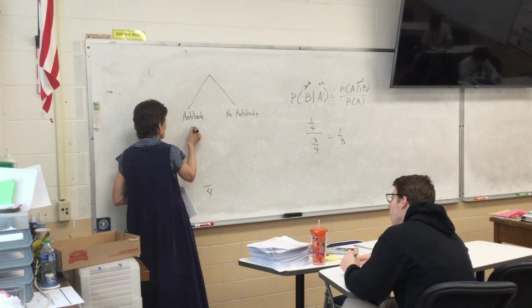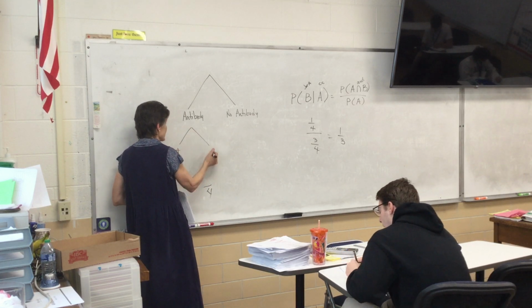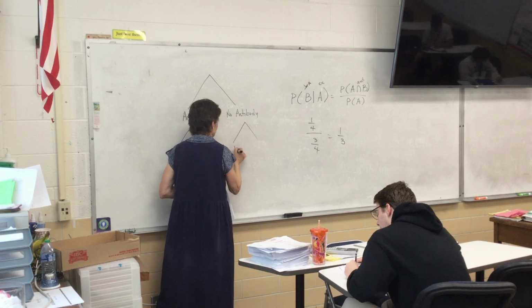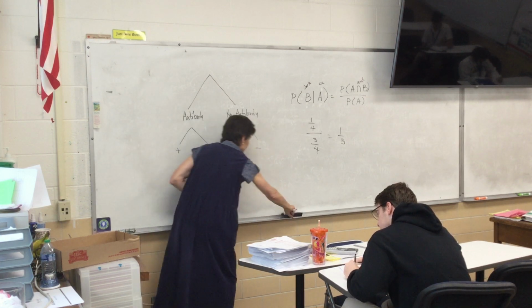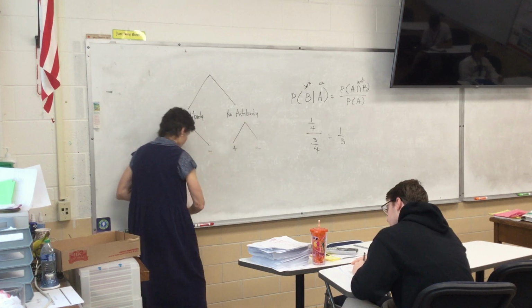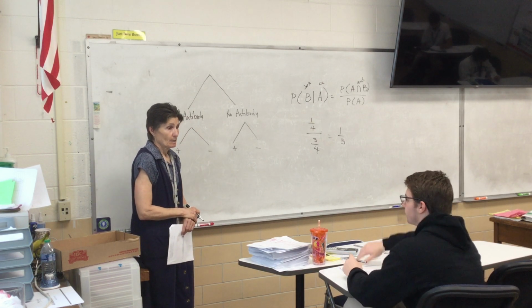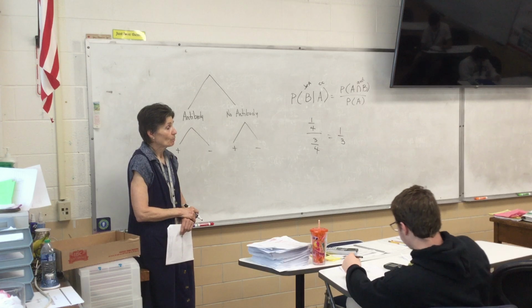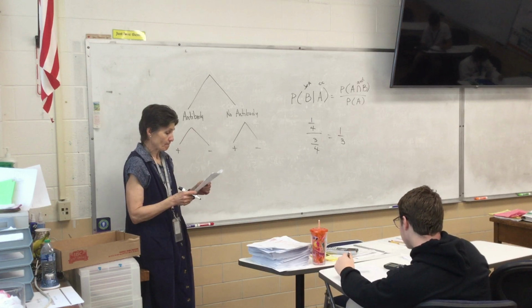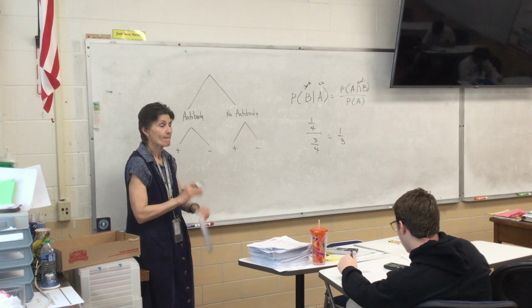They give you a test. You're either going to test positive or negative. Would you agree that's true? All right. So what's the probability that I actually have the antibody?